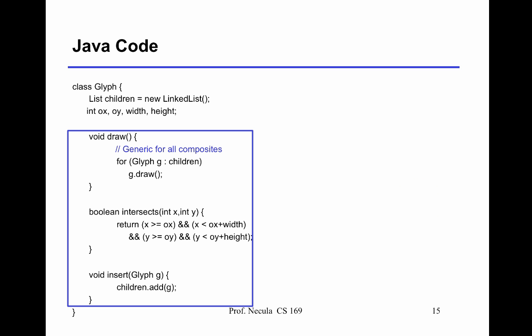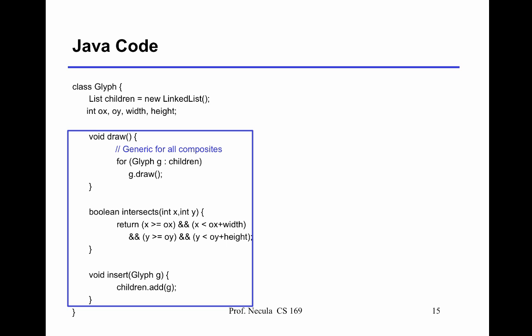So let me show you how you would write the code. And by the way, this is not supposed to be a deep pattern or a pattern that you could not have thought of. This is the simplest pattern I'm introducing. But it's a pattern nevertheless. So I define this superclass glyph, and it's going to have children of other glyphs. Okay?